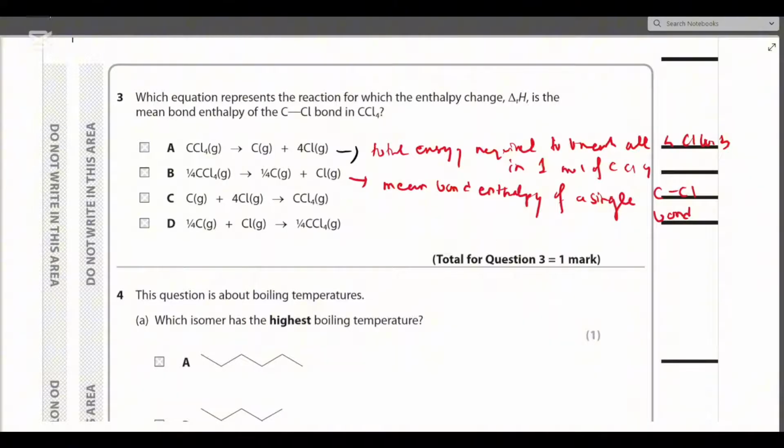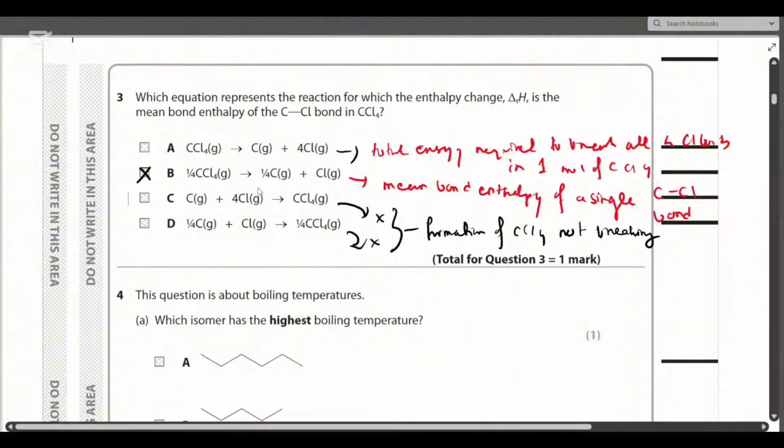The other options, C and D, are not correct, because they represent the formation of CCl4, not breaking. Among A and B, A represents total energy, so that also becomes irrelevant. So the only option available is B down here.